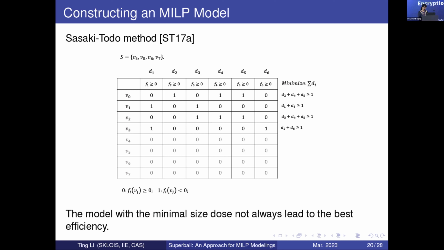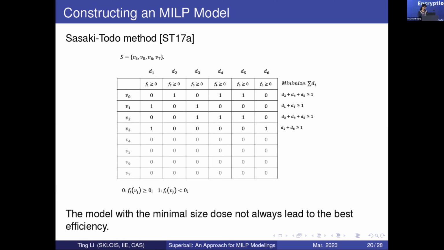So to ensure that each point that is not in S can be removed by at least 1 inequality, we add the constraints on the right. And the number of selected inequalities is equivalent to the sum of the variables, so it is added into the objective function.